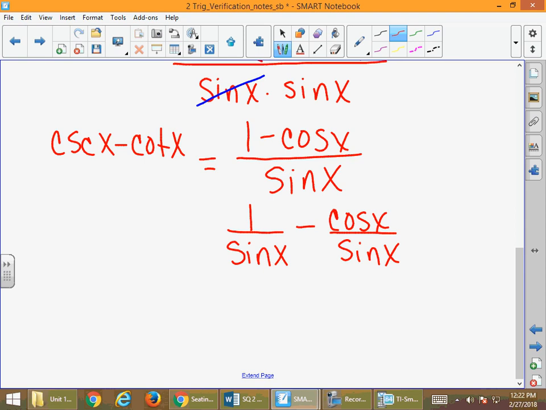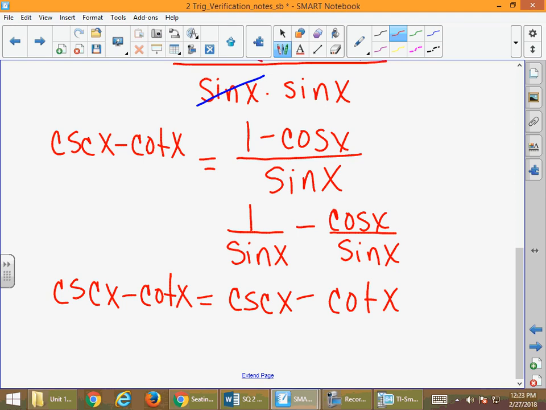But then, to finish, can we convert 1 over sine of x? Reciprocal gives us the cosecant of x. And what about cosine divided by sine? A quotient, which is cotangent. And sure enough, now we have cosecant of x minus cotangent of x.